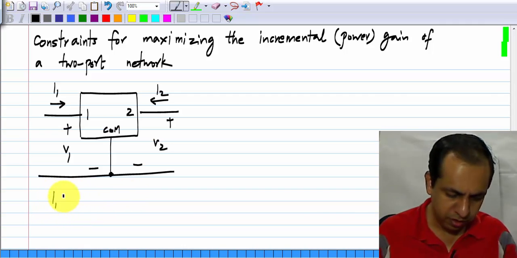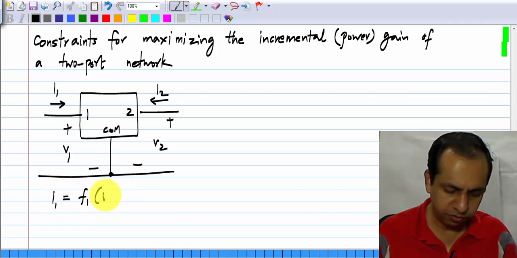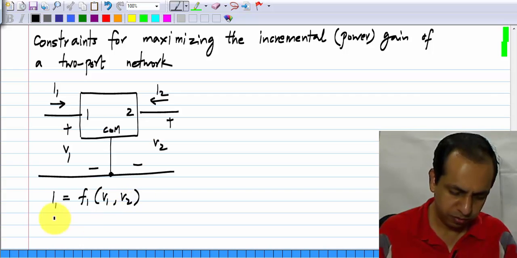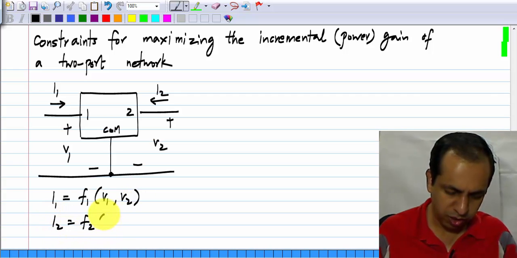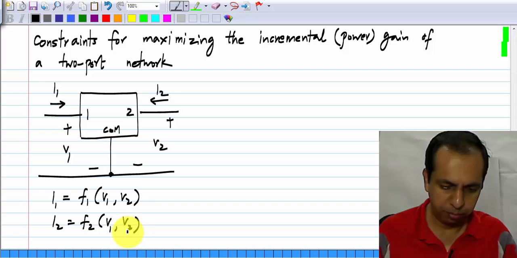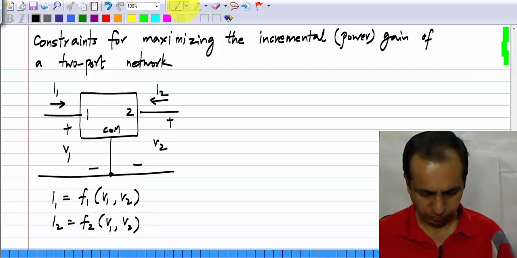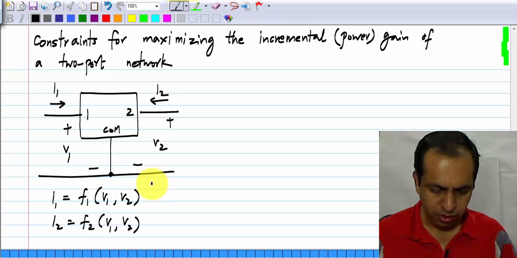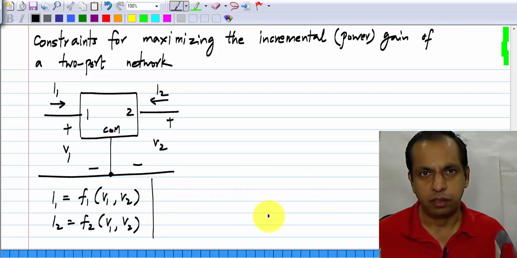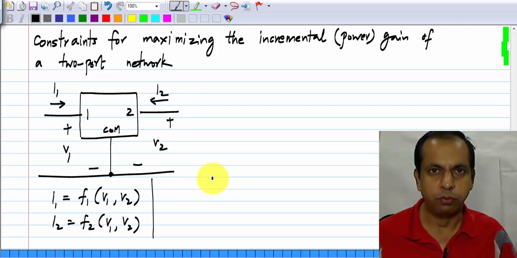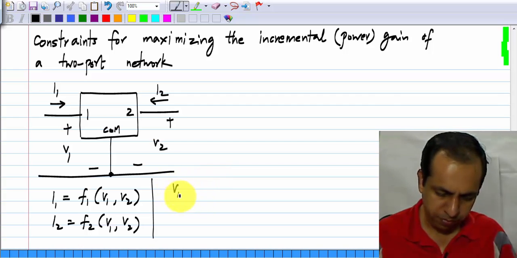The nonlinearity is given by currents as functions of voltages. Like I said earlier, other representations are possible. Now let's also say that there is some operating point. We will later worry about what exactly the operating point is that we must choose.